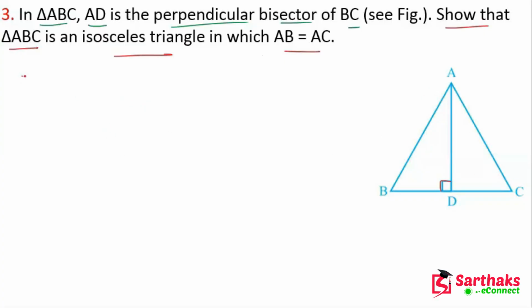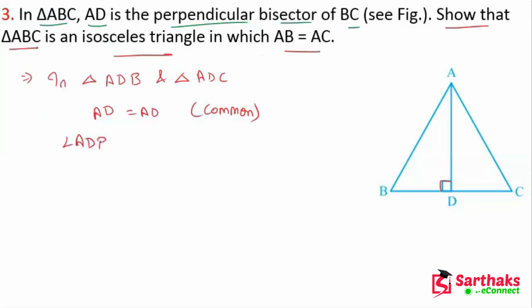So now let's take triangle ADB and triangle ADC. In triangle ADB and triangle ADC, AD is equal to AD. This is common. And angle ADB is equal to angle ADC.